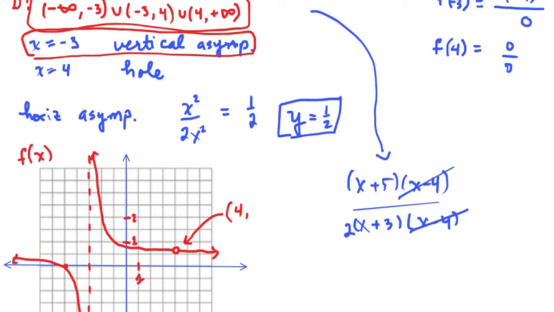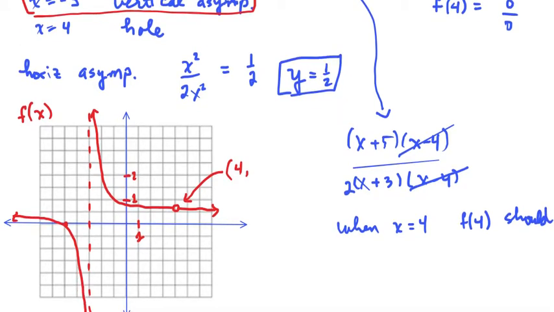So we can say that when x is equal to 4, in other words, if I were to substitute in f of 4, f of 4 should be equal to, and I use the words should be because it's actually not. If it wasn't for the stuff that we just crossed off, it would be equal to this.